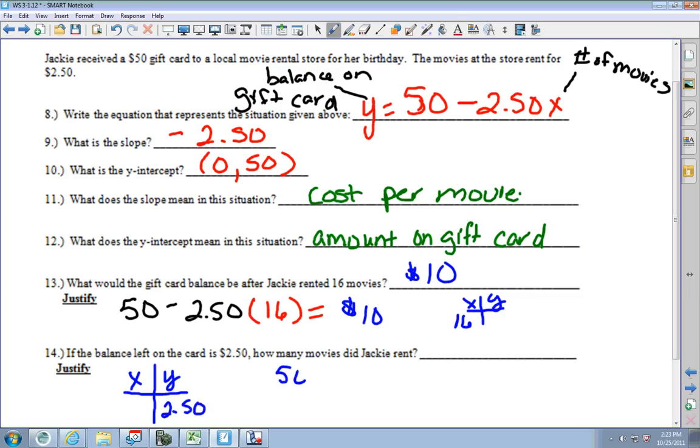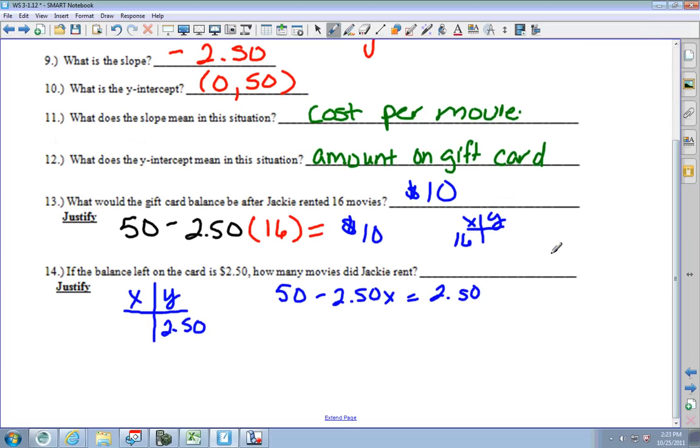Now I could solve this by hand as well. The way I would do that, I would subtract 50 from each side. And I would get negative 2.50x equals negative 47.50. Then I would divide by negative 2.50.